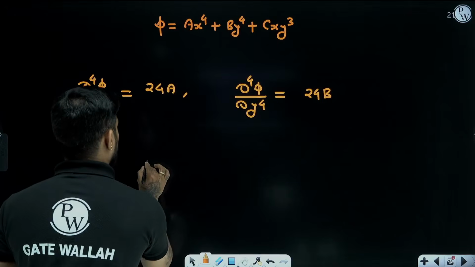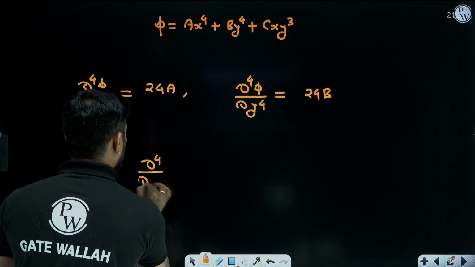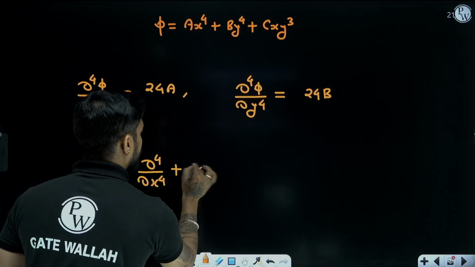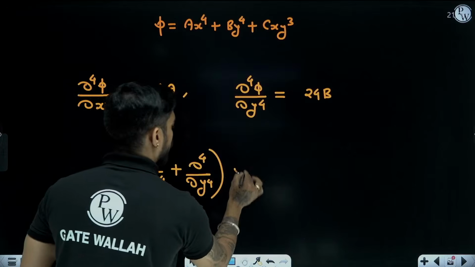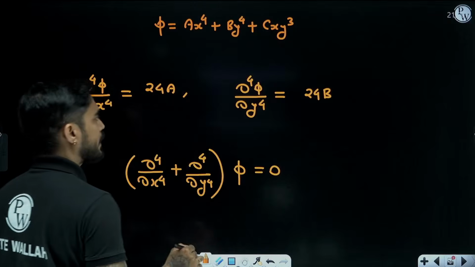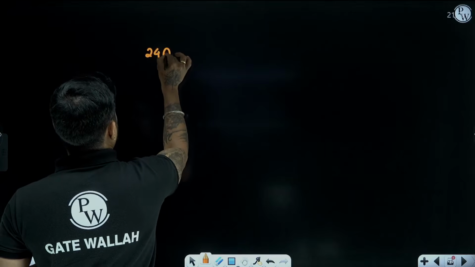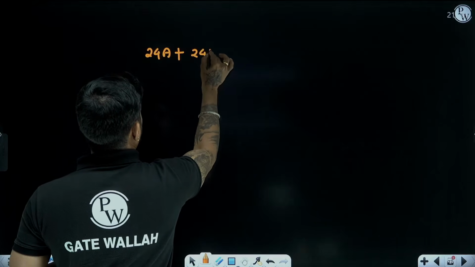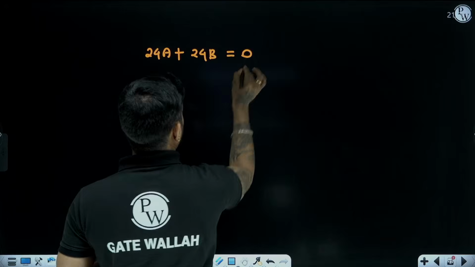Now what is the biharmonic equation, beta? Dou to the power 4 by dou x to the power 4 plus dou to the power 4 by dou y to the power 4 of phi equal to 0, right? So you are going to get 24a plus 24b equal to 0.